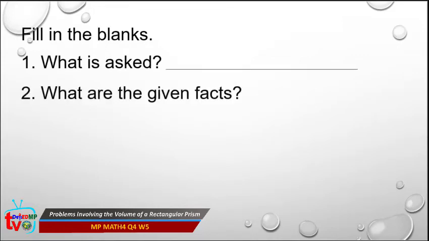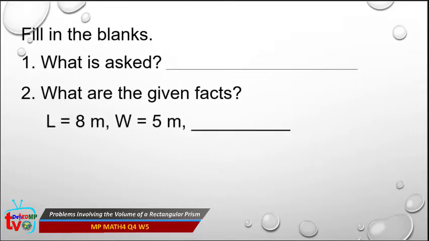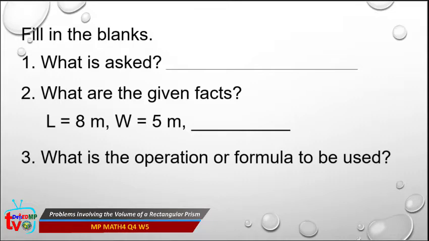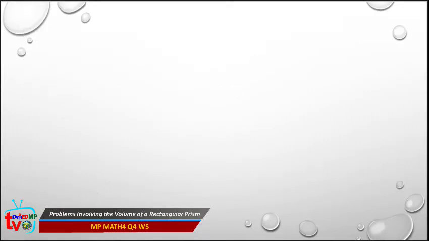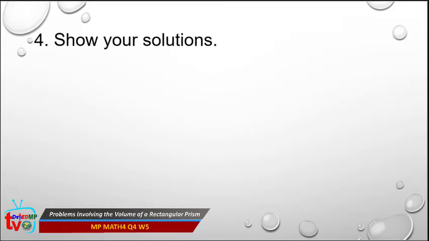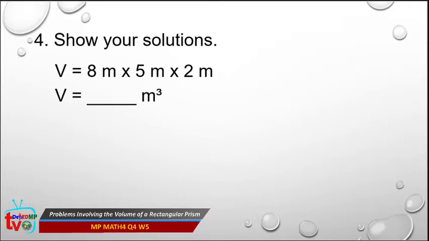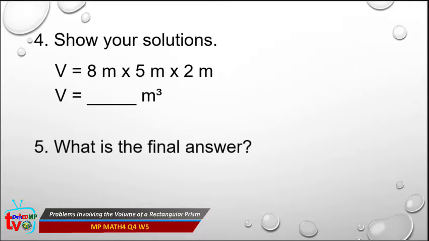Number 2. What are the given facts? Number 3. What is the operation or formula to be used? Number 4. Show your solutions. And number 5, what is the final answer?